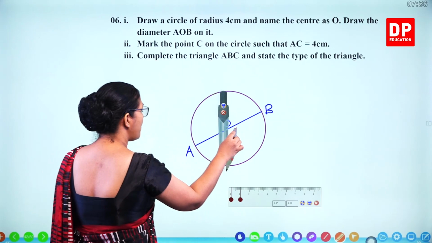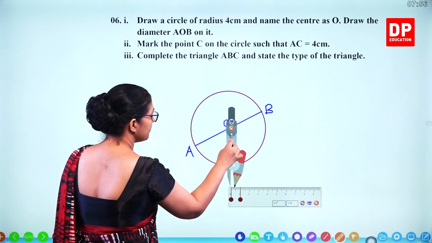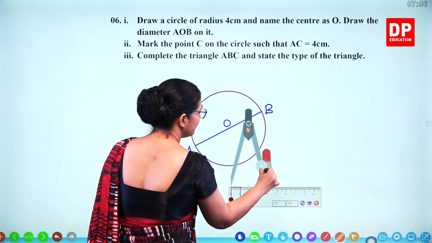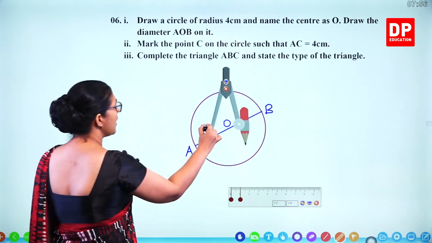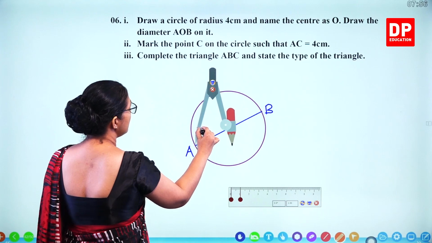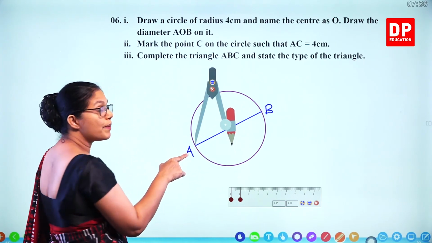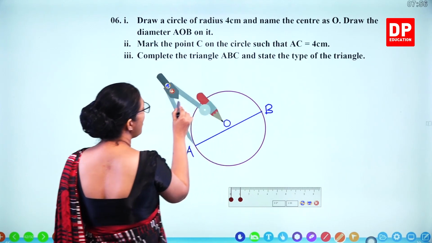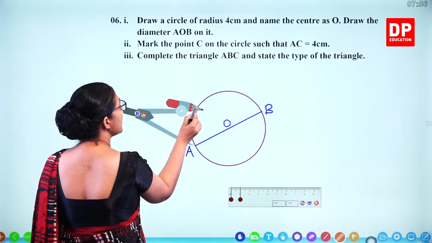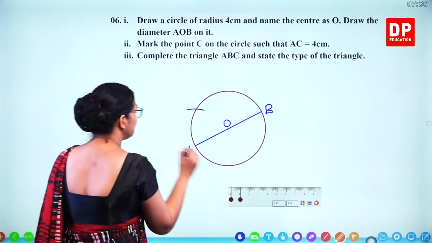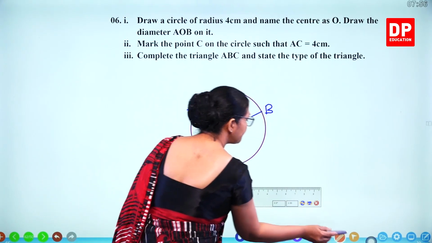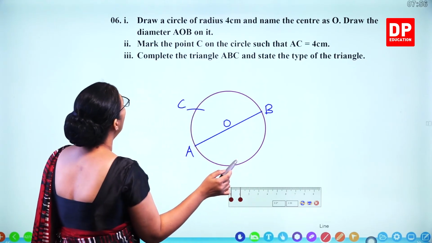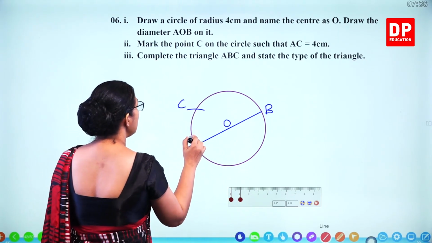You take the compass. We need 4 centimeter length now. So we can mark on the circle, keep the compass on point A, and mark it here. So we'll take only one side. So this is C. AC is 4 centimeters. Complete the triangle ABC.